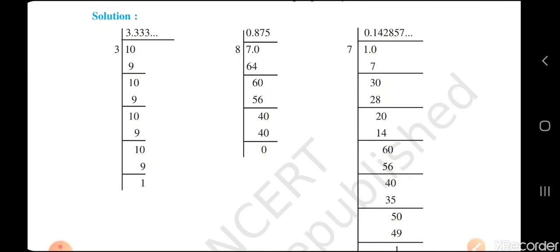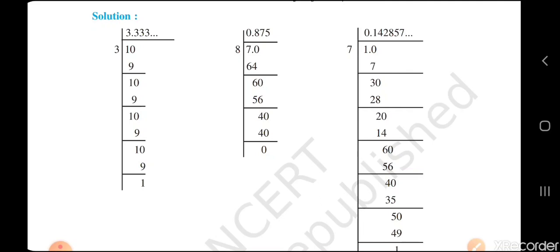In 1 upon 7 there are 6 entries: 3, 2, 6, 4, 5, 1 are the entries in the repeating string of remainders, and 7 is the divisor.